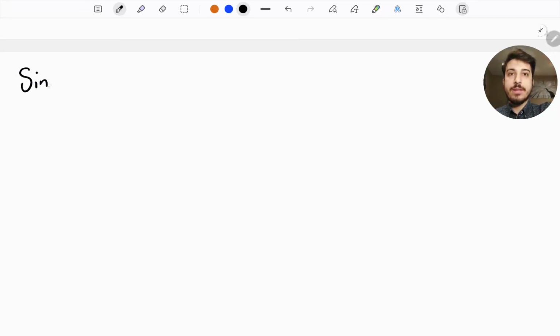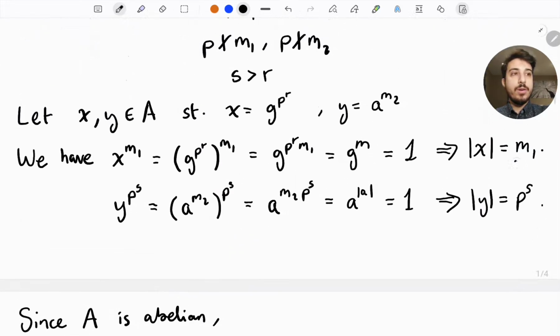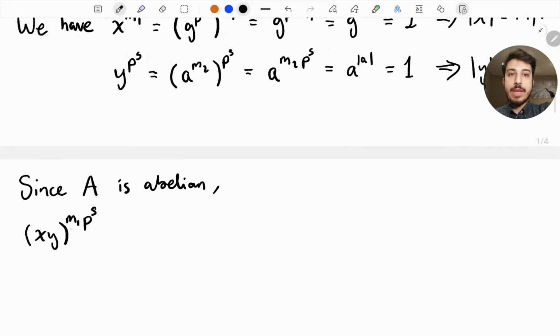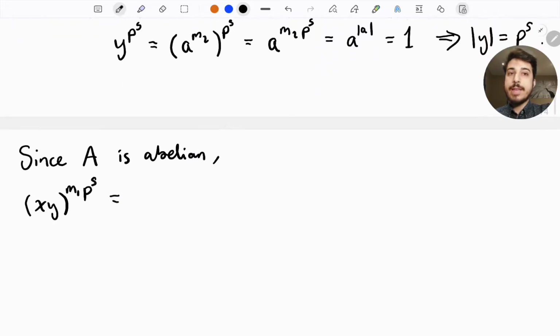So since A is abelian, if we take xy to the power m1 times p^s, so for x we had the order is m1, for y we had the order is p^s, so we will just take the product m1 p^s in the power, and because A is abelian, we can distribute this power onto x and y, so this is equal to x^{m1 p^s} y^{m1 p^s}.